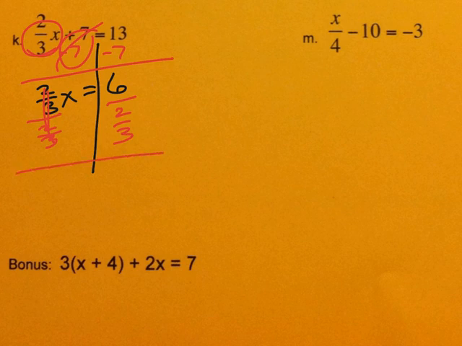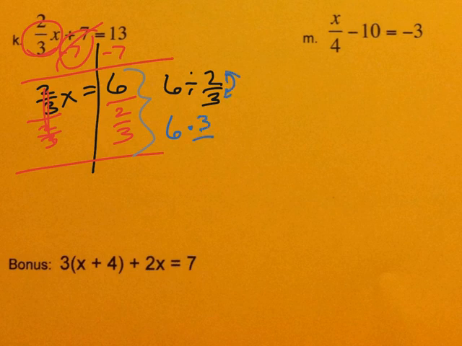Here's the thing over here, though. If I don't have a calculator, and you should all know how to do this anyway, what that says right now is 6 divided by 2/3. A while ago, you guys learned how to divide fractions, and so the first number stays the same. I'm going to change the division to a multiplication, and then I'm going to change my fraction by flipping it.